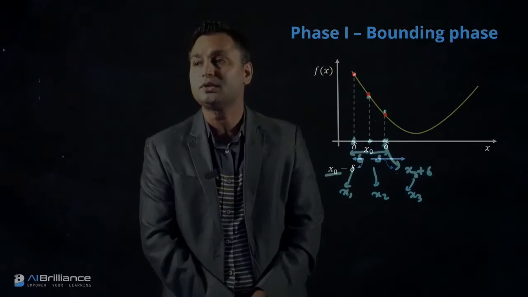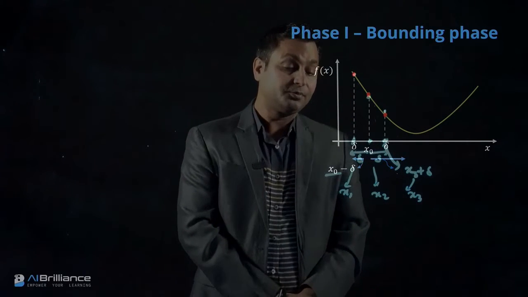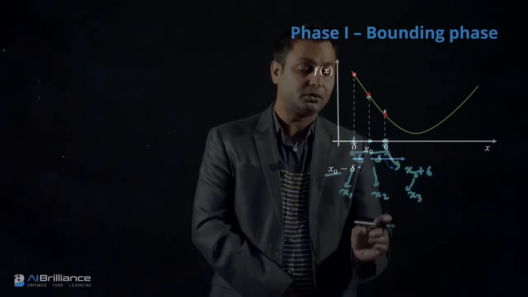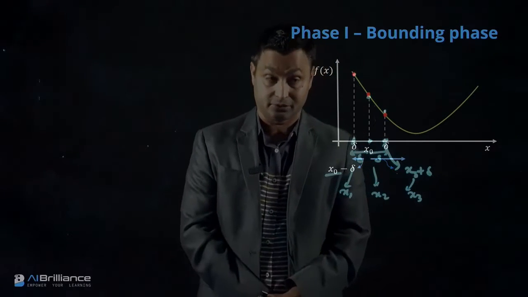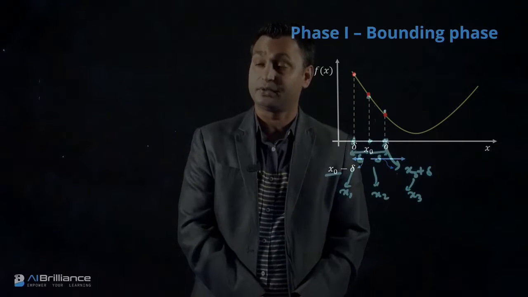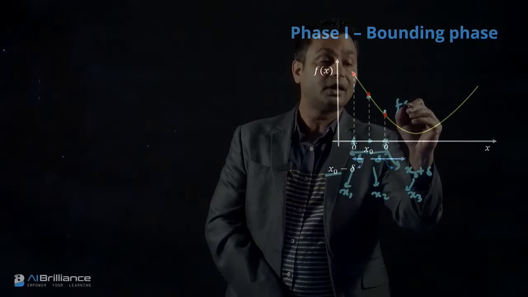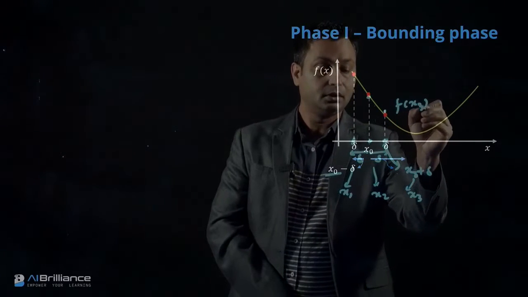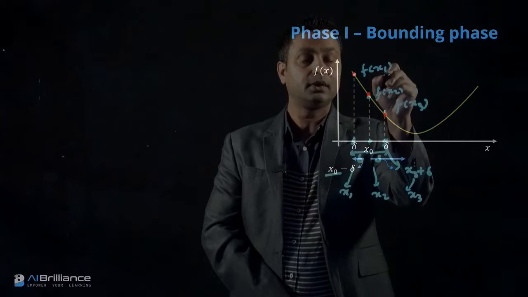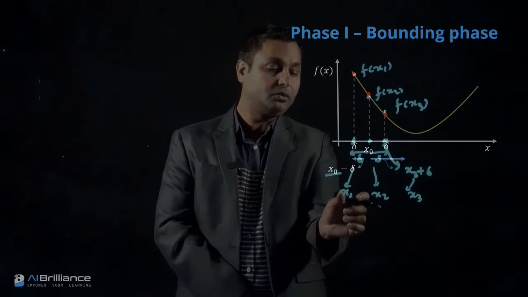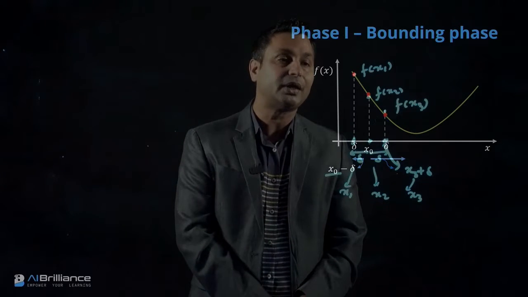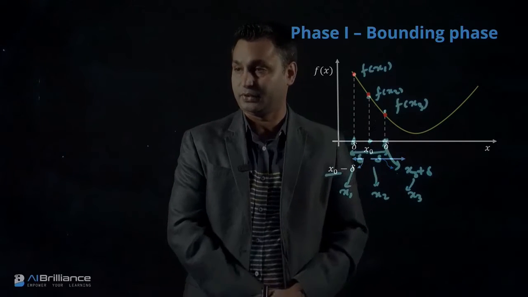So we have found these points x1, x2, and x3, and there is a relationship between them: x2 is the middle point between x1 and x3. At those values we have sampled the function, and we have got the function values f(x3), f(x2), and f(x1). Once we have x1, we can pass that value to the function and sample it.